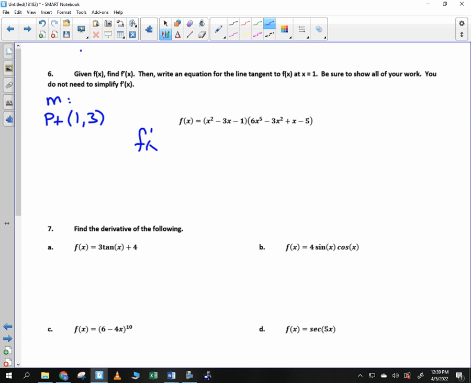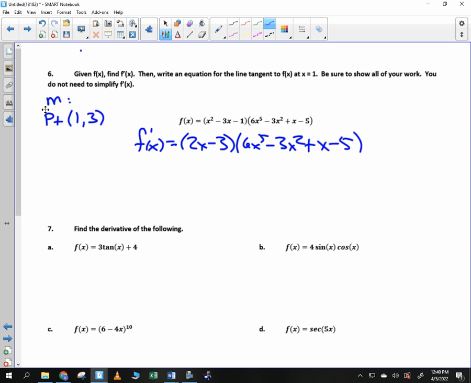The function is x squared minus 3x minus 1, times 6x to the 5th minus 3x squared plus x minus 5. We cannot simply take the derivative of both parts. We must use the product rule as they're being multiplied together.